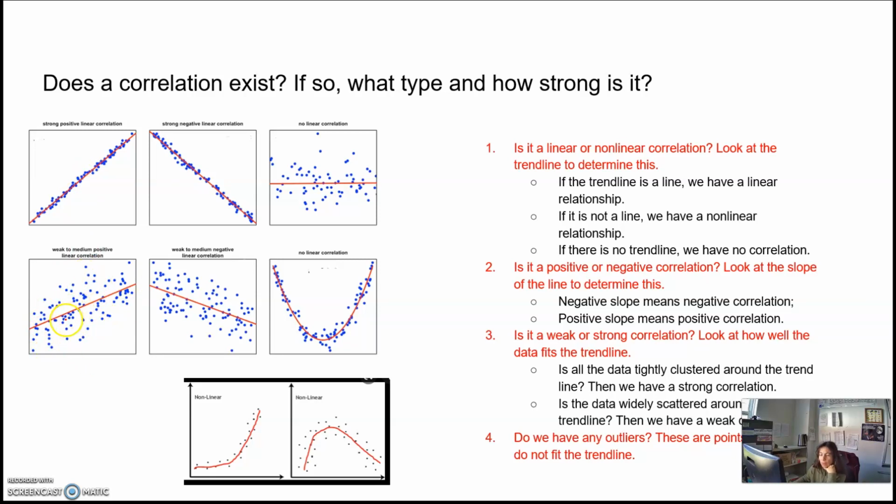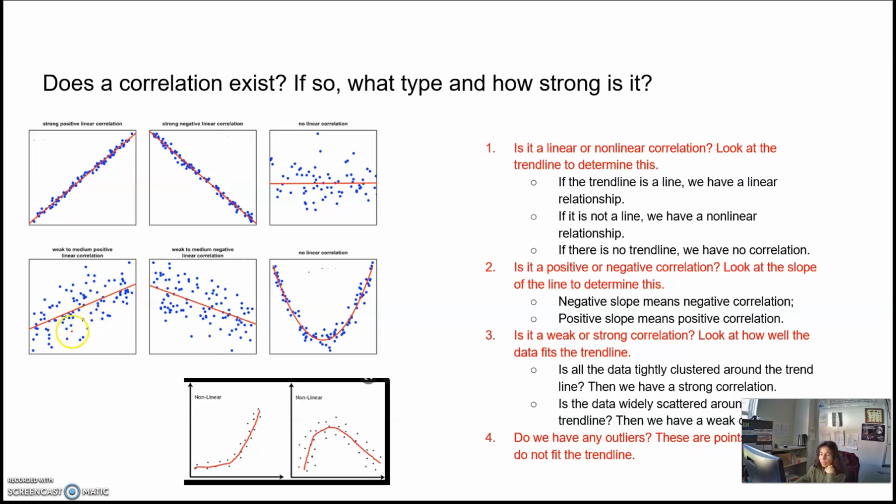In this example below, we have our trend line, but our data points are not nearly clustered as tightly around it. They're much more scattered around that line. So this would be a weak positive correlation. It's a weak correlation because the data points are scattered, and it is positive because our trend line is still going up.